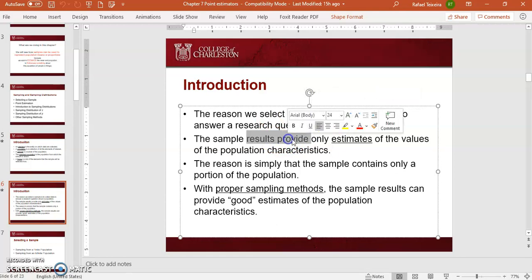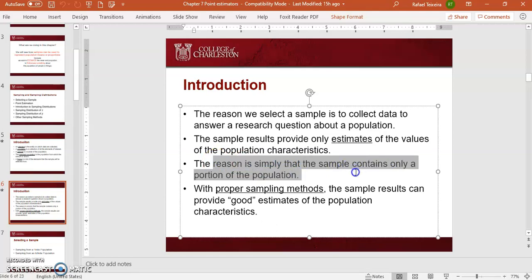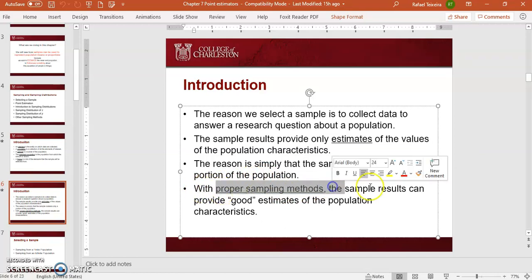We use a sample, and because of that we have an estimate, not the true value, like the true customer satisfaction, for example. The reason is simply because the sample contains only a portion of the population. It's not all customers in this case. But with proper sampling methods, the results can provide a good estimate of the population characteristics.